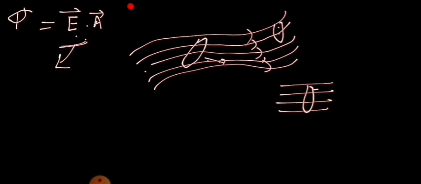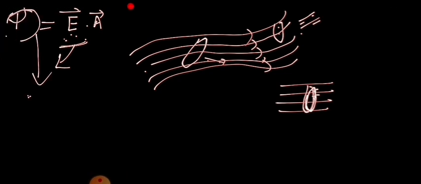Exactly how many lines nobody can say, because that depends upon the person who has drawn them. But the electric field intensity, the number of field lines per unit area, is proportional to this. So when I multiply E, the number of field lines per unit area, by the area, what I effectively get is the number of field lines.